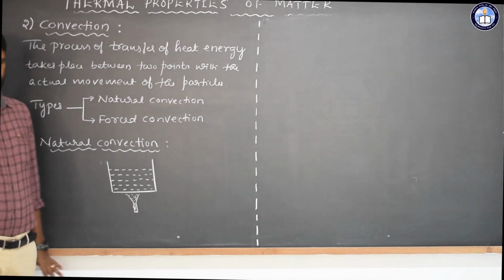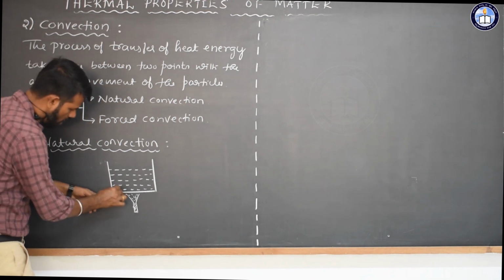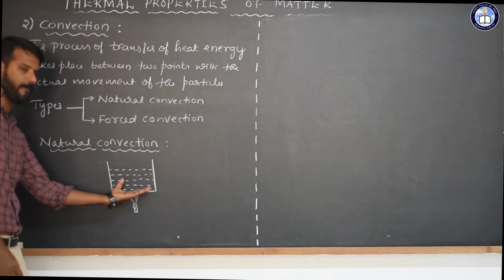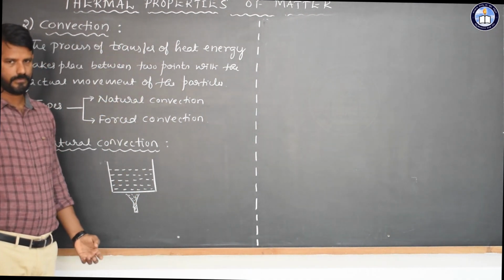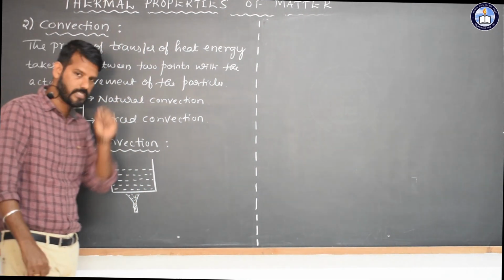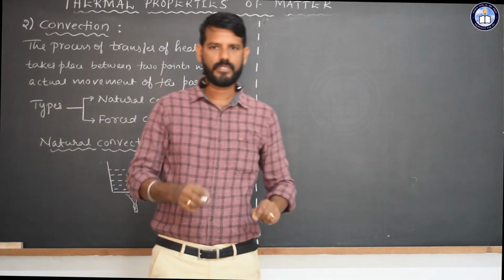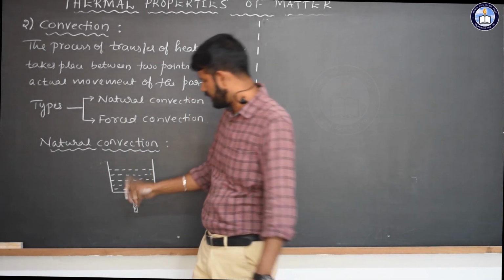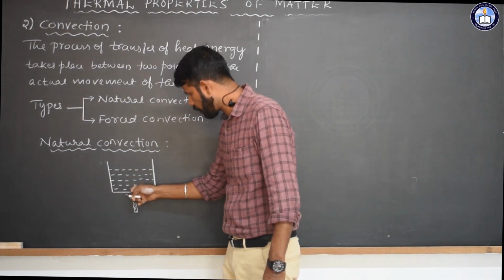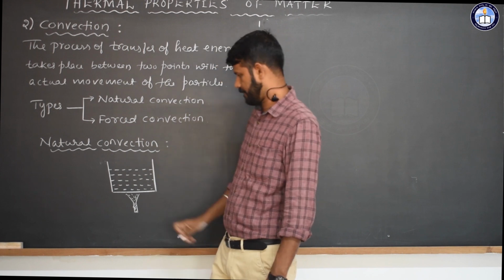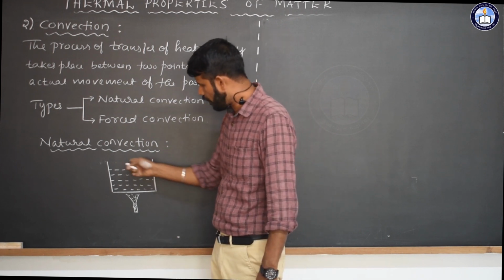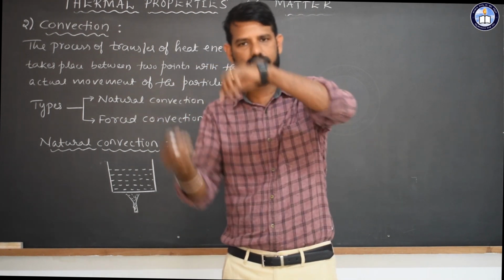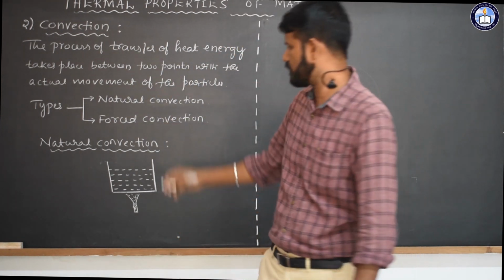After some time we can see that the water molecules at the lower part of the beaker, at the bottom, are getting heated up. Once the water molecules get heated up, their density decreases because of expansion. As density decreases, all such water molecules will rise up, whereas water molecules at the upper part of the beaker, which are of higher density, will be replaced. That means they go down.